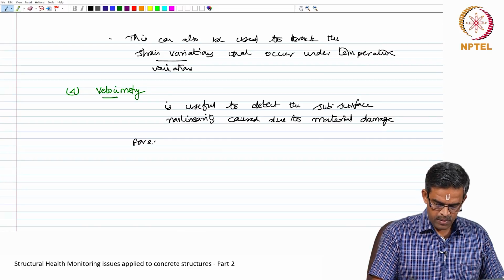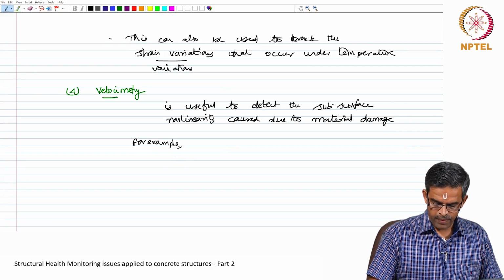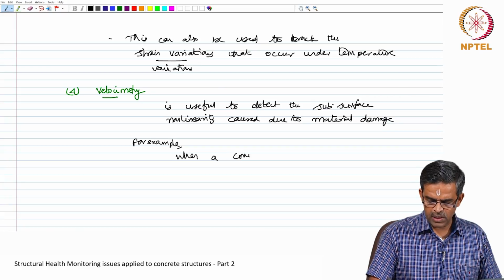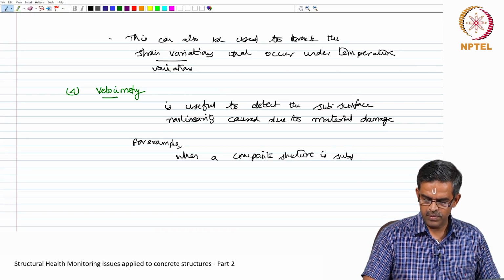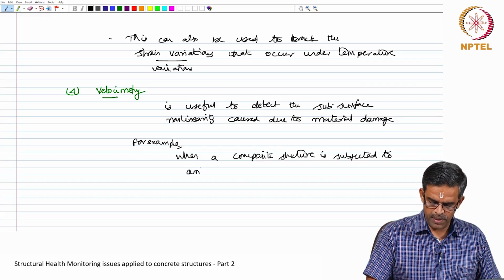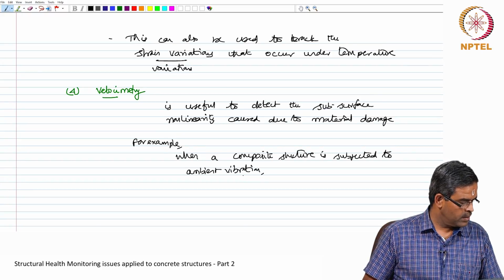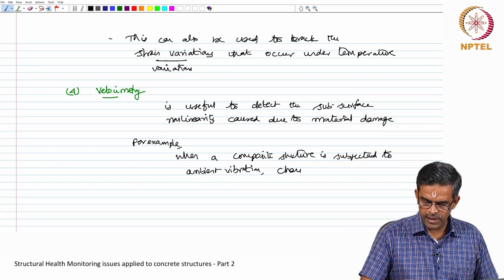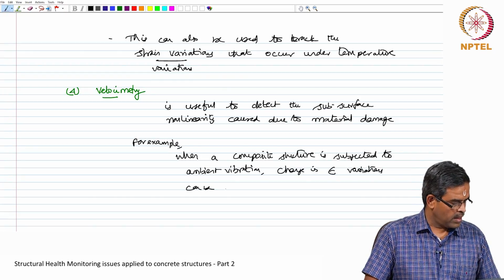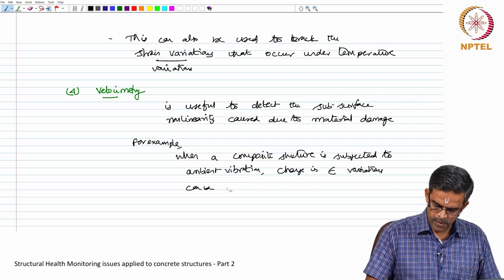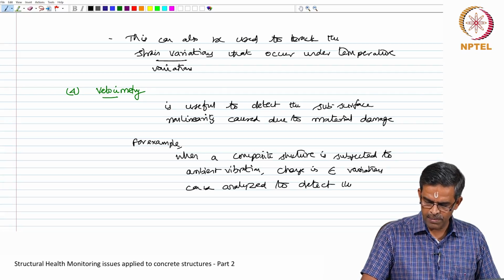For example, when a composite structure is subjected to ambient vibration, changes in strain variations can be analyzed to detect the damage.